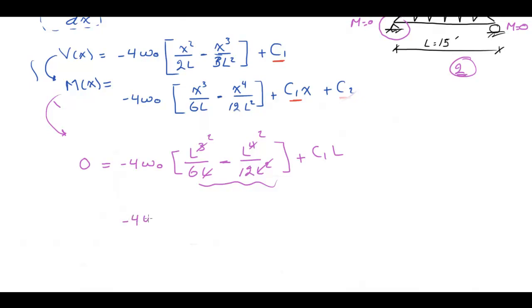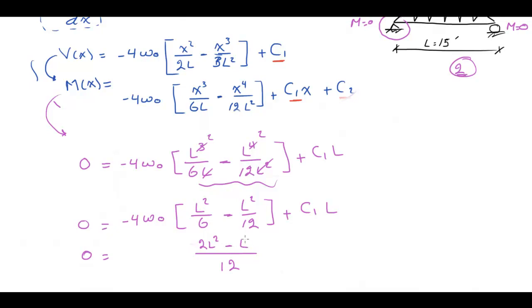So minus 4 W naught multiplied by L squared over 6 minus L squared over 12, plus C1L. Let's do this the long way. 12 divided by 6 is 2, 2 times 2, yes, and 12 is 1, L squared, and plus C1L, minus 4 W naught.